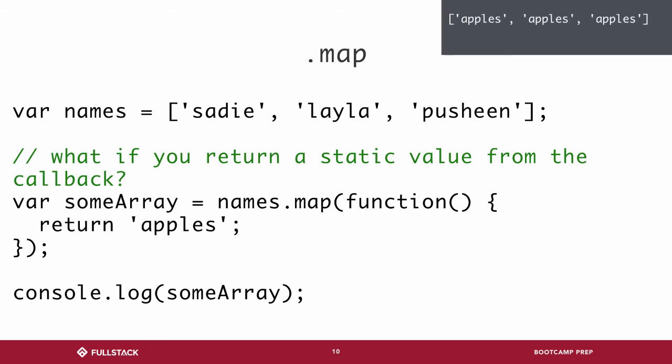Yeah, we're going to have an array with apples in it with a length of 3. So that could be useful. Maybe you're like, I don't care what's in this array, I just want new things in it. But you could also just make an array with that many apples in it.